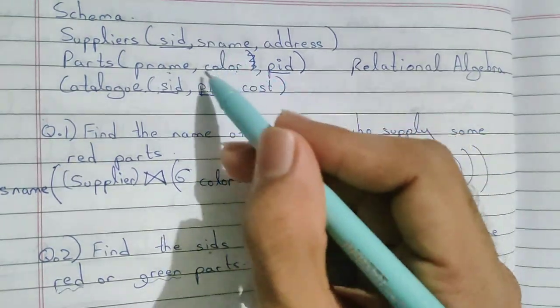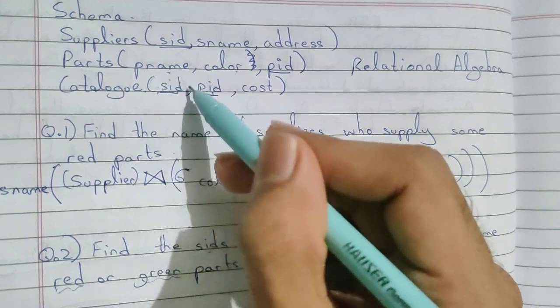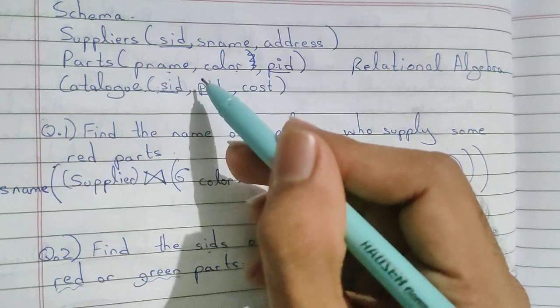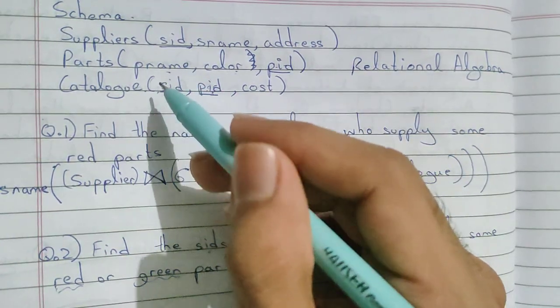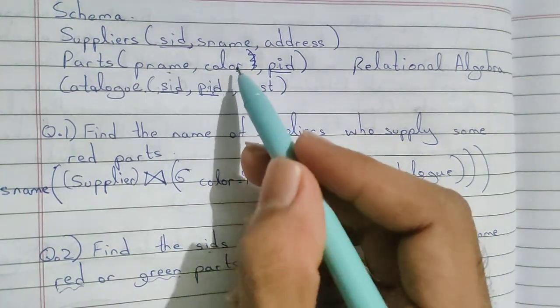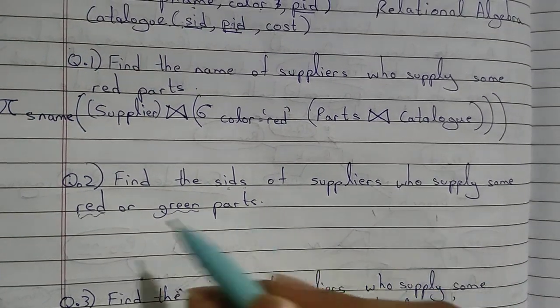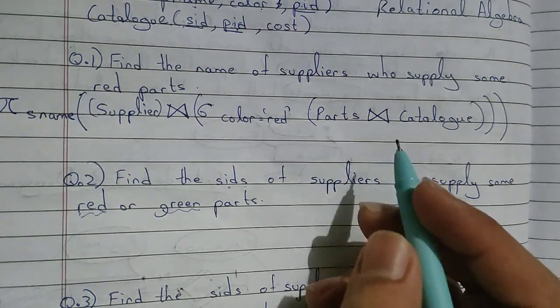So we'll get the color of the parts from here, and we'll get a supplier ID from this table. So we need to link these two tables together using PID, and then we can extract the supplier ID of those records that have the color red or green.